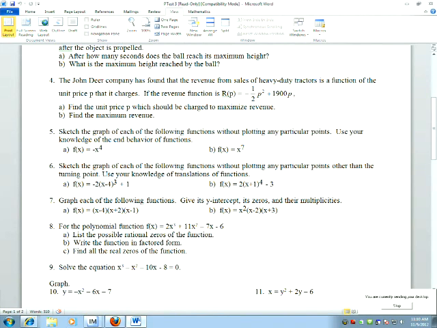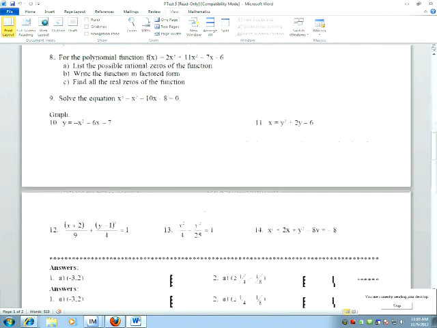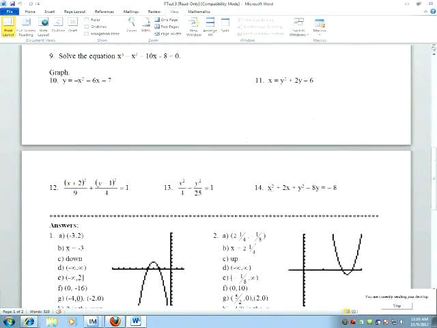Number 10, what's the shape of the graph in number 10? Parabola, and specifically concave down.